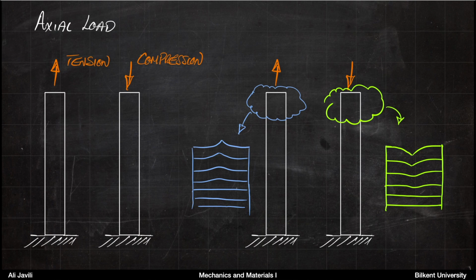Now, you can imagine that if you want to analyze this cross section, this is a very nonlinear problem. It's rather complicated to talk about this in Mechanics and Materials 1. But if you assume that we are always sufficiently far from the point at which we apply the force, then we are dealing with this case of uniform distribution of internal forces and stresses and strains, and that's essentially the spirit of the so-called Saint-Venant's Principle.